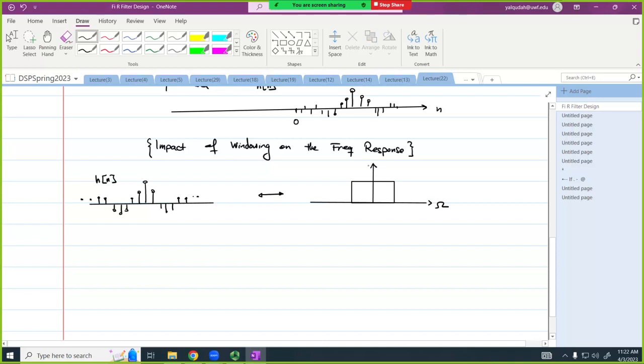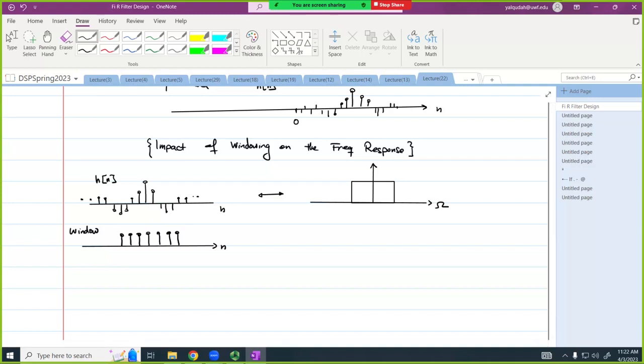What does the windowing look like in the time domain? It looks like multiplying the signal with a rect, isn't it? If I multiply this signal with a signal that looks like this, so this is a window.